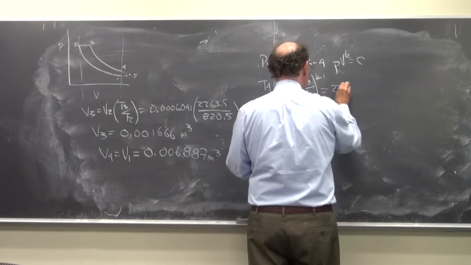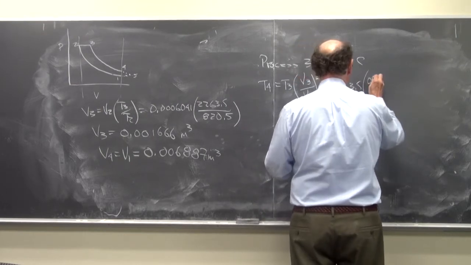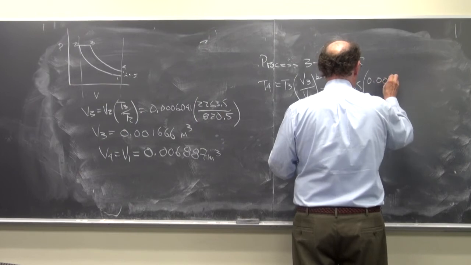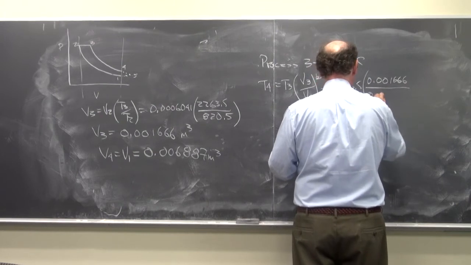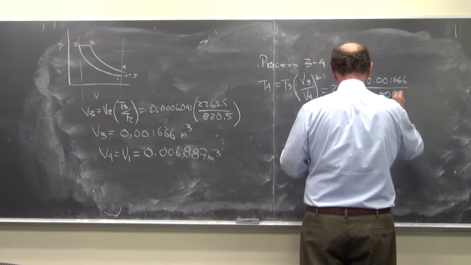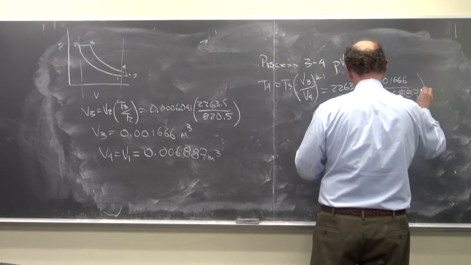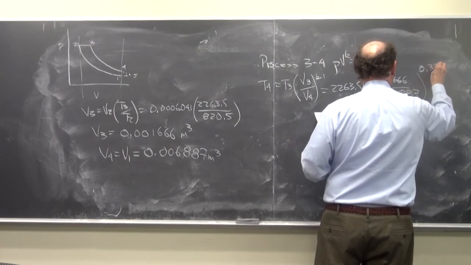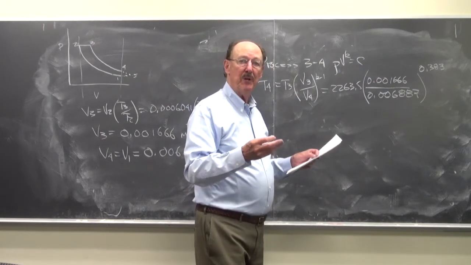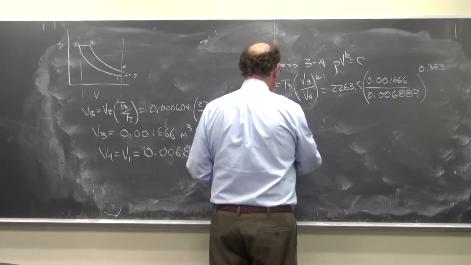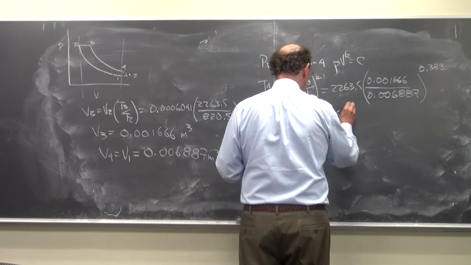So we have 2263.5 times the volumes 0.001666 divided by 0.006887 to the 0.383. So in this case with the products, we're using K of 1.383 rather than 1.4. And we have that T4 is equal to 1314.5 degrees K.